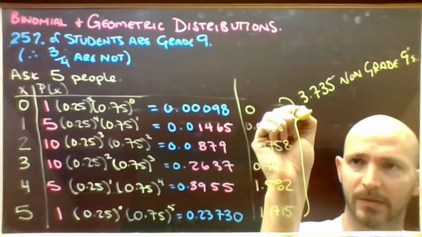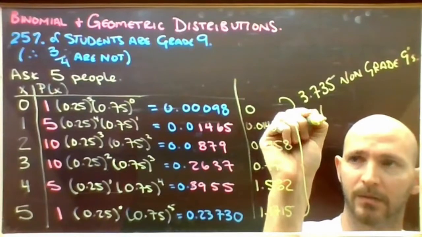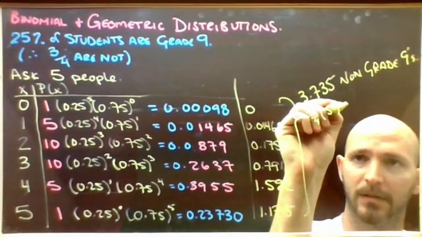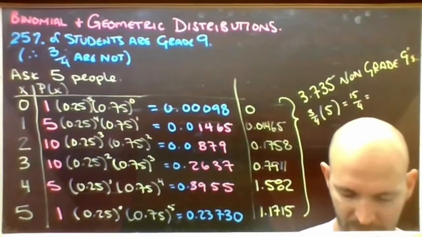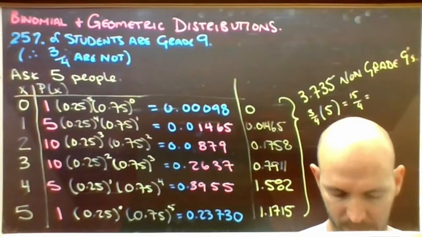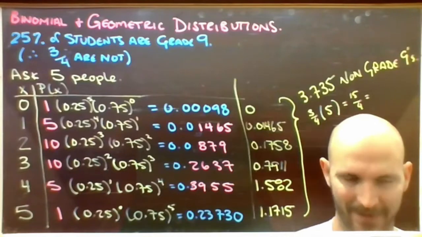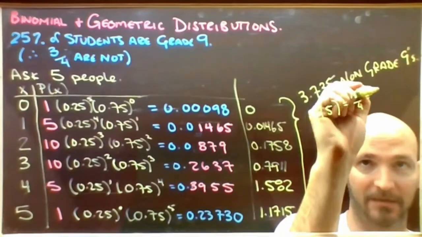Well, 3/4 of 5 is 15/4, and 15 divided by 4 is 3.75.